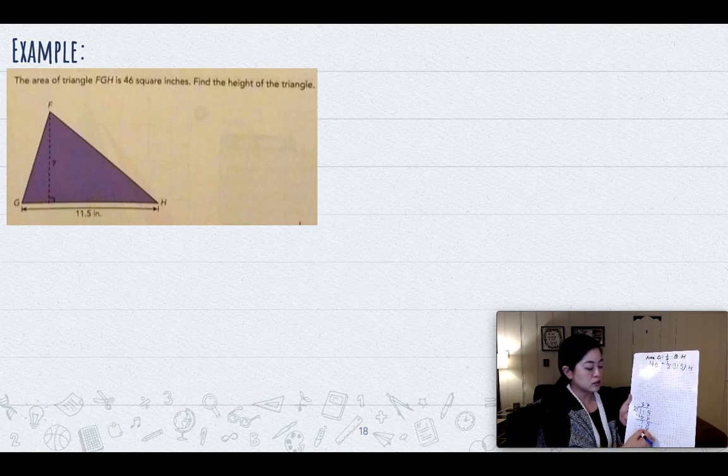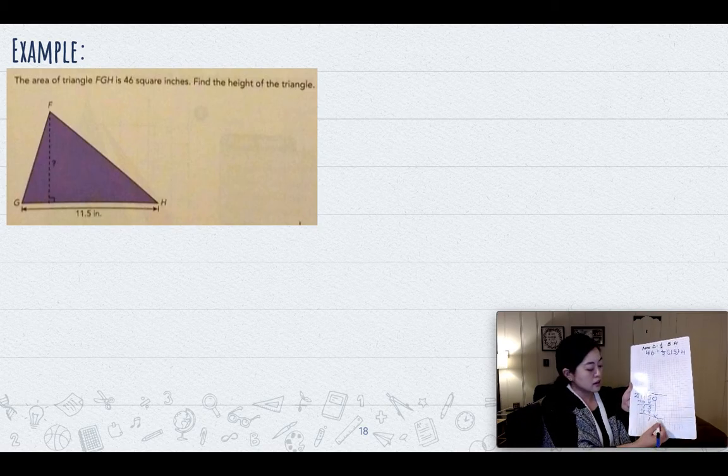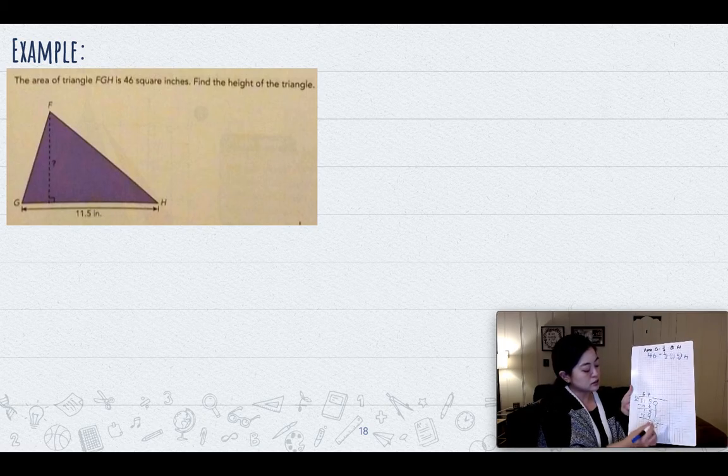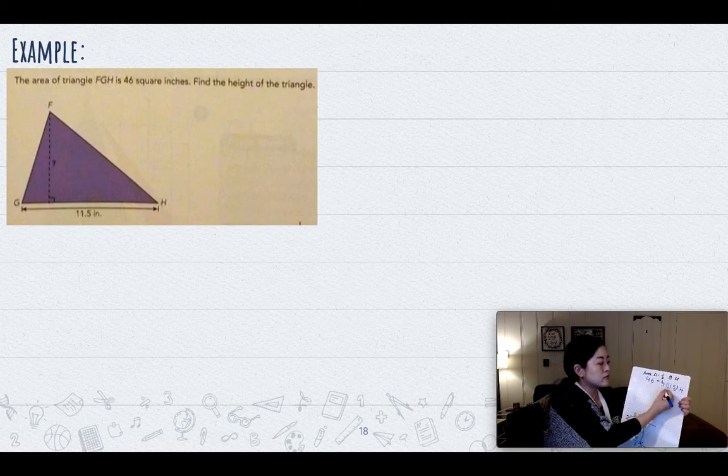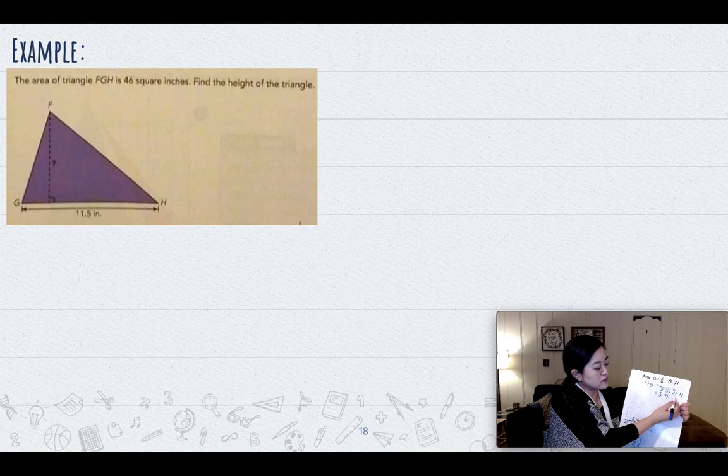So then that's 14, 1, okay? Oh, there's no more numbers, so I'm going to add a 0, and then I'm going to drop the 0, okay? That'll be 0. So 2 times what gets you 10? Oh, it's 5. And then where's my decimal point? Oh, it's right here, okay? So half of 11.5 is 5.75 times h, equals the area.